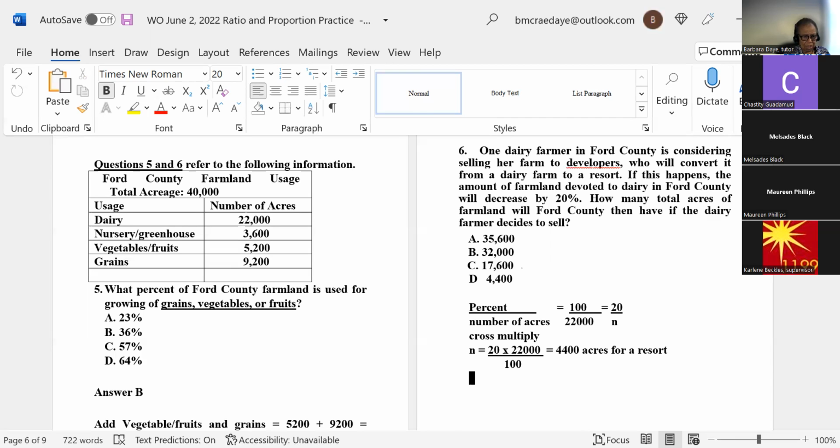No, you don't get 4,400 acres left. 20% represents the number of acres that will be used for a resort if that dairy farmer sells to a developer. That's not how much is left, because you started out with 40,000. So that 40,000, you subtract the 4,400 from it. That's how much is left. 35,600.